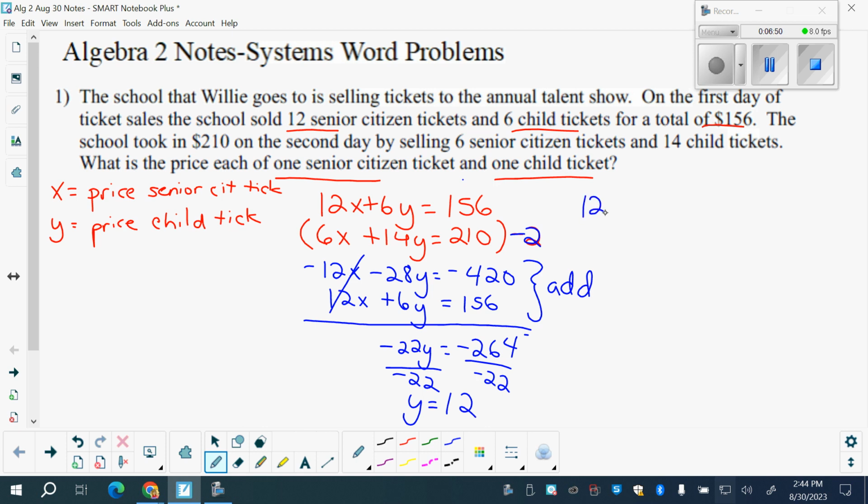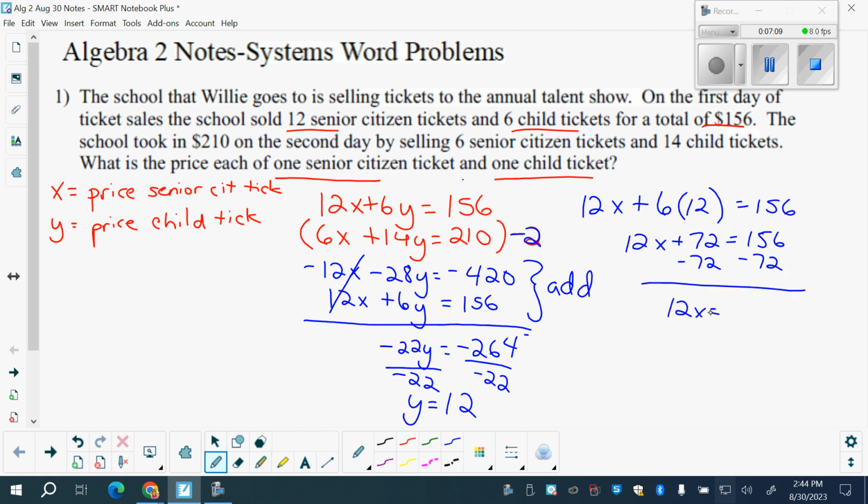So 12x plus 6 times 12 equals 156. So we get x is 7, and then it is a word problem.